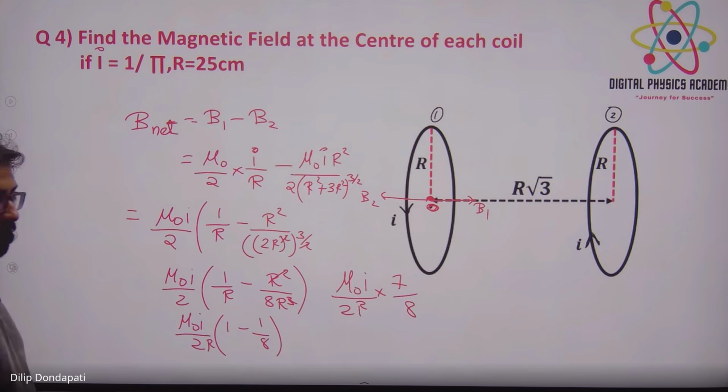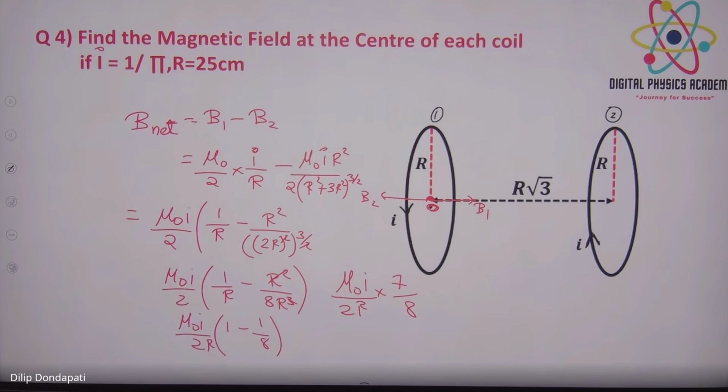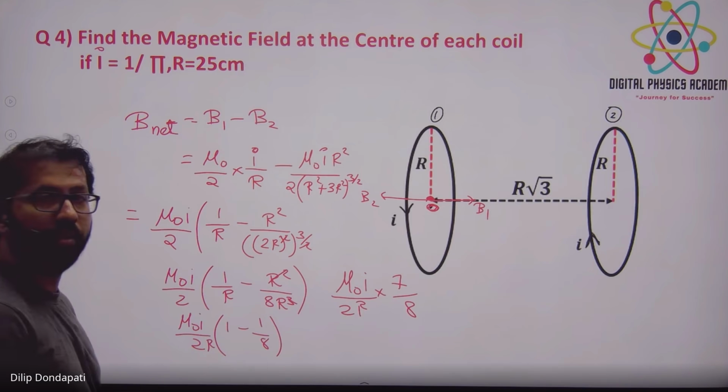Now substitute values. So 7 into 10 power minus 7. Yes, 7 into 10 power minus 7 Tesla.